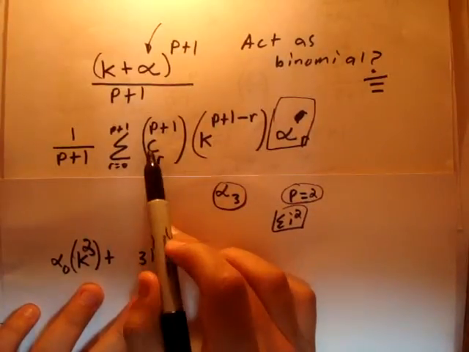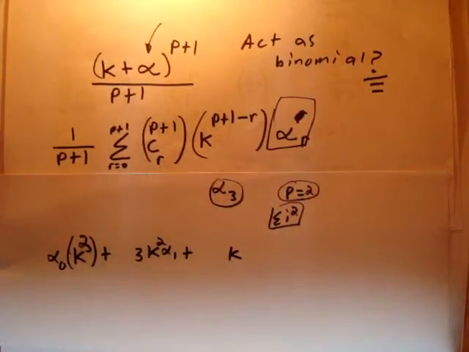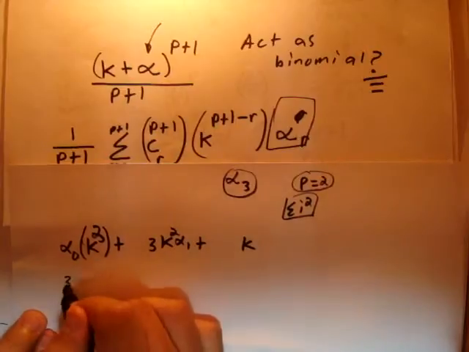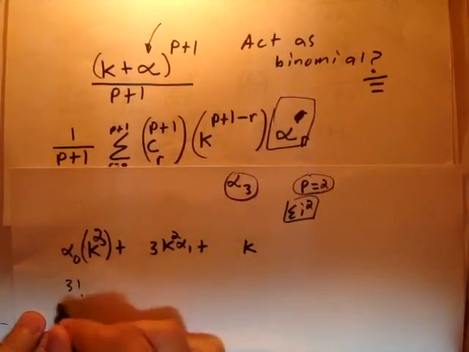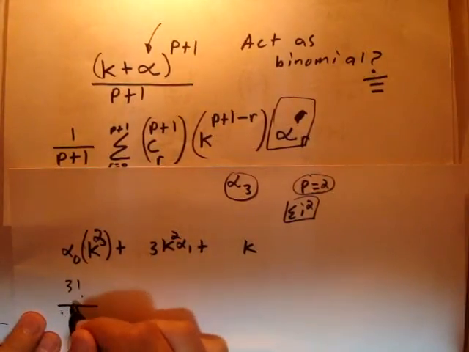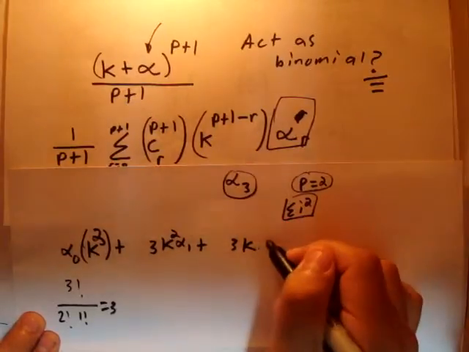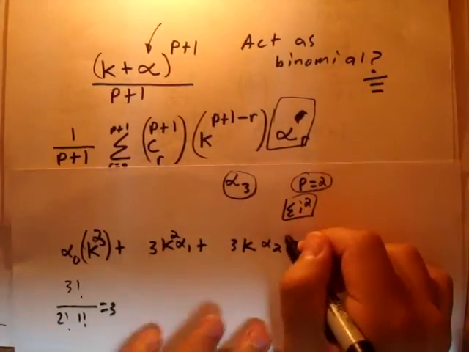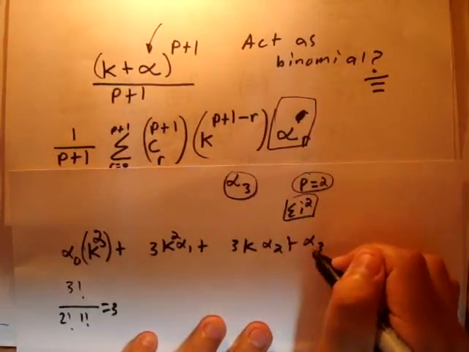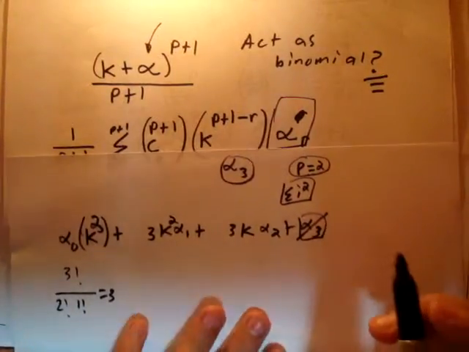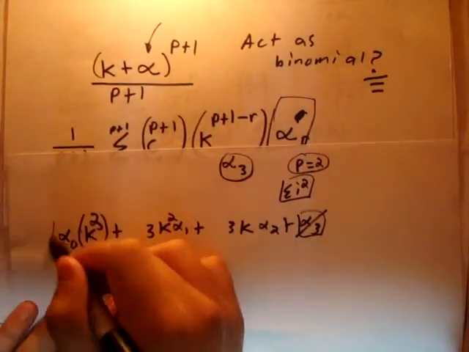And 3 choose 2 is the same thing as 3 factorial over 1 factorial times 2 factorial, same thing as 3. So it's 3k alpha 2, and of course we have the alpha 3, which doesn't matter at all because we've shown it before.